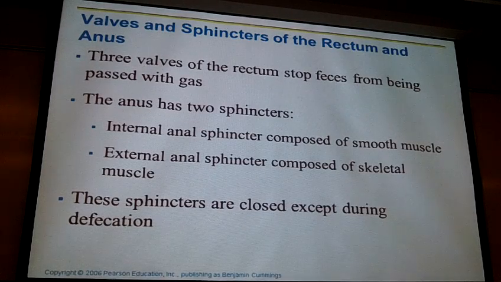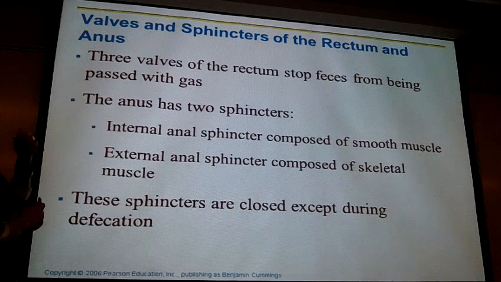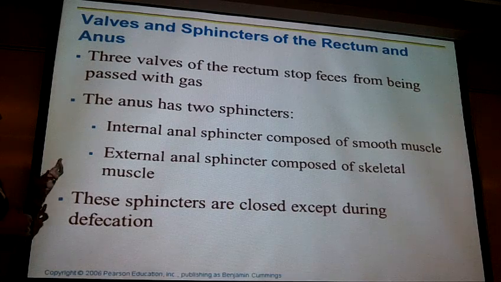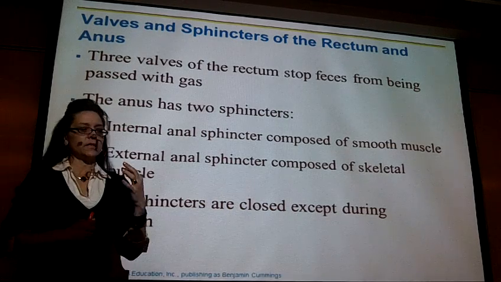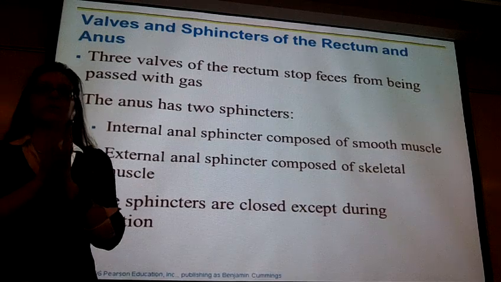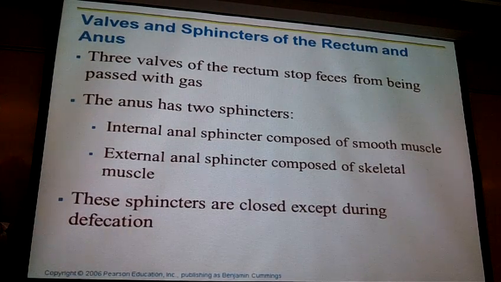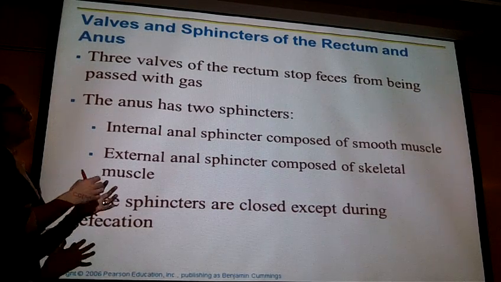Okay, so let's talk a little bit about these valves and sphincters. We've seen valves throughout the whole digestive tract. And again, coming into the large intestine, we're going to have the ileocecal sphincter, or ileocecal valve, that is controlling movement from the small intestine into the large intestine.